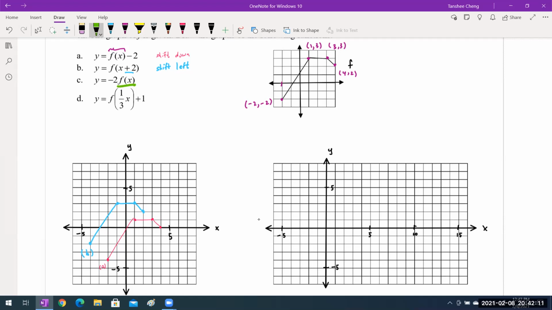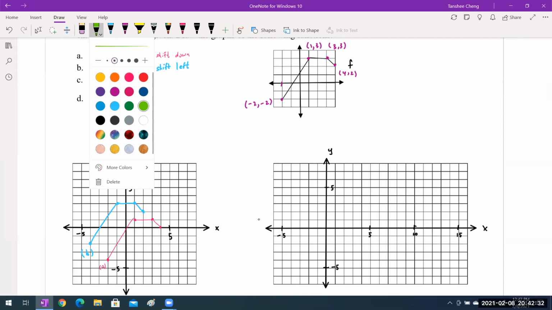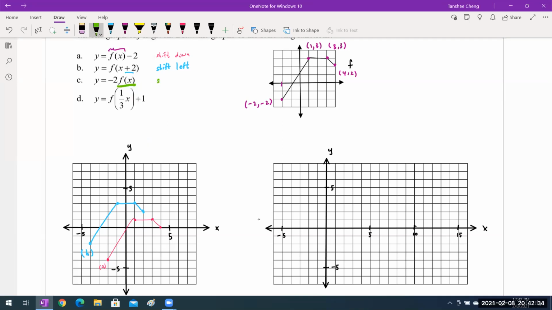So first it stretches, and then what? It will reflect. So you can do it one by one, right? So this will be the stretch. Let me change it and pinpoint it a little bit smaller. This will be a vertical stretch because of the y value.